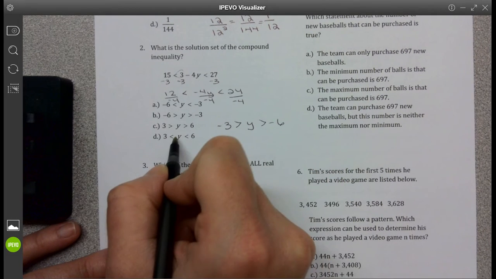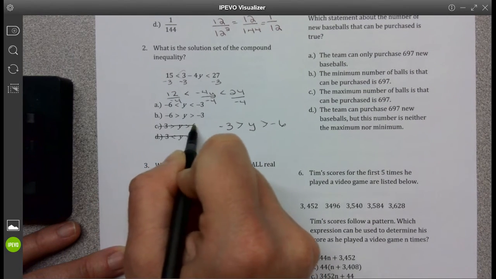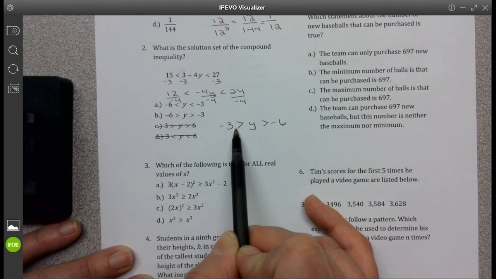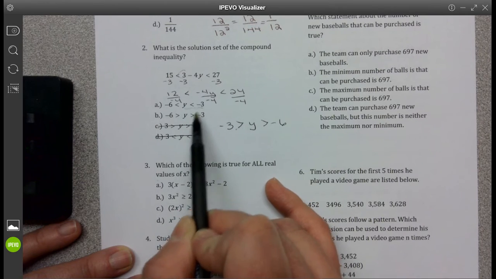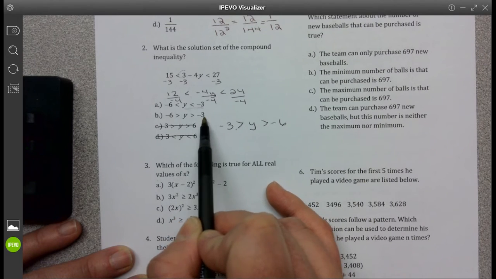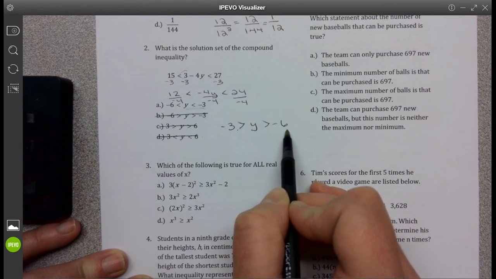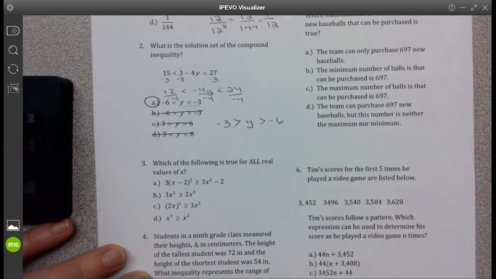There's no positives. This says y is less than negative 3. Is y less than negative 3 here? Yes. Is y less than negative 3 here? No. Y is greater than negative 6. Is y greater than negative 6 here? Yes.